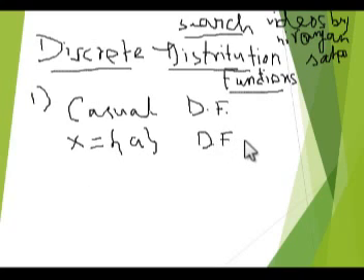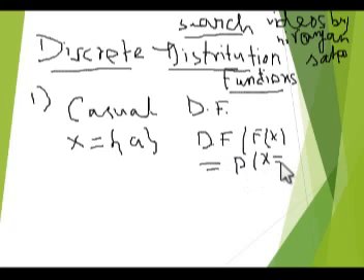The distributive function is denoted by f, and with the random variable's values, it will be written this way: p(x). Here x can take just one value, x equal to a. So the probability of a single point must be 1. It is a sudden incident, so it is 1.